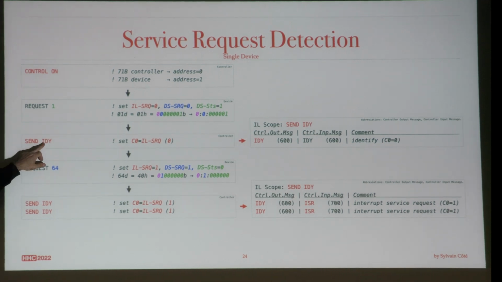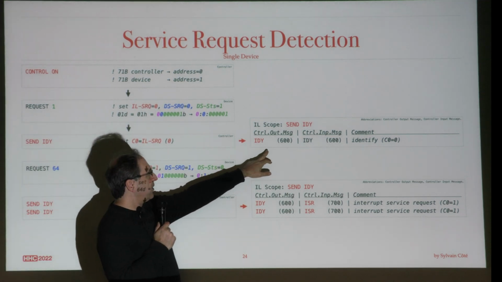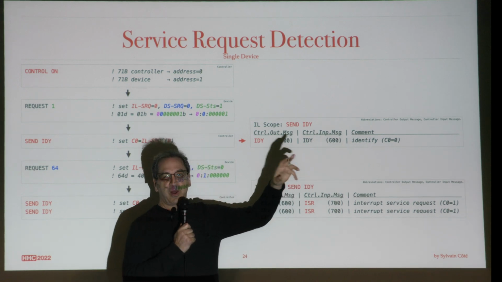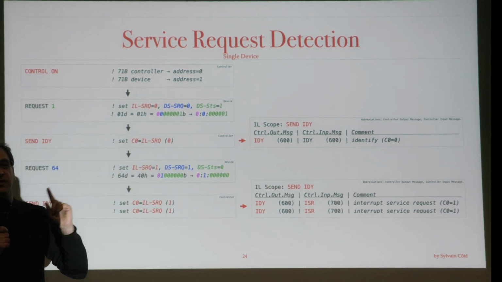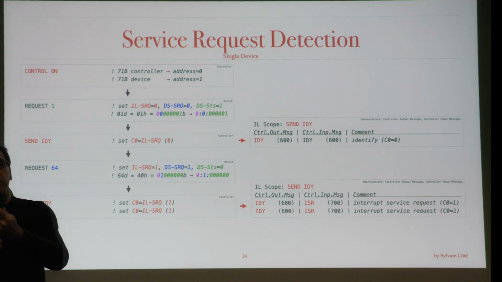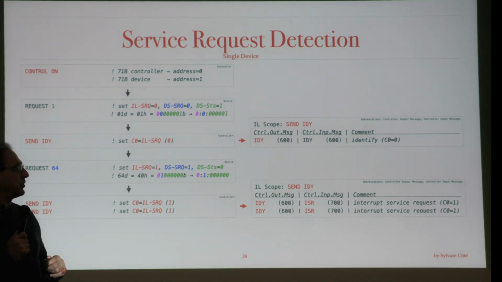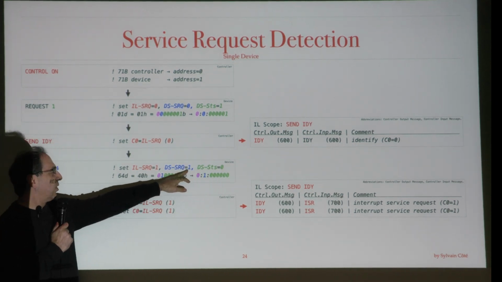If I send an identify message, the number identified with 6 will keep 6 because the bit is set to 0. So the same message that's going out to the controller is going to come back to the controller. So the controller says, oh, nobody wants to talk to me. Everybody is okay.